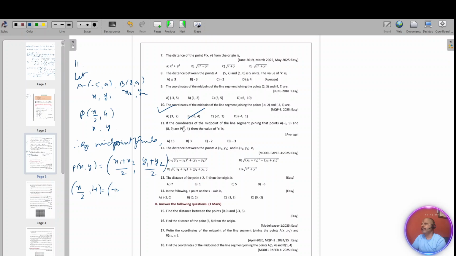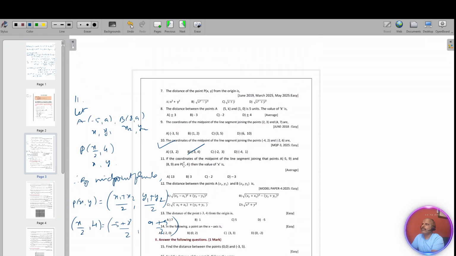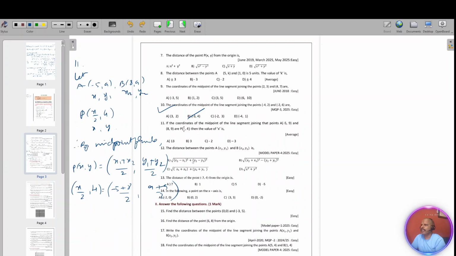Remember, then x we have to find, right? So first we will solve the brackets. The left hand side remains the same, that is (x by 2, 4) is equal to minus 5 plus 8 means 3, 3 by 2, and 9 plus 9, 18 by 2 means 9.